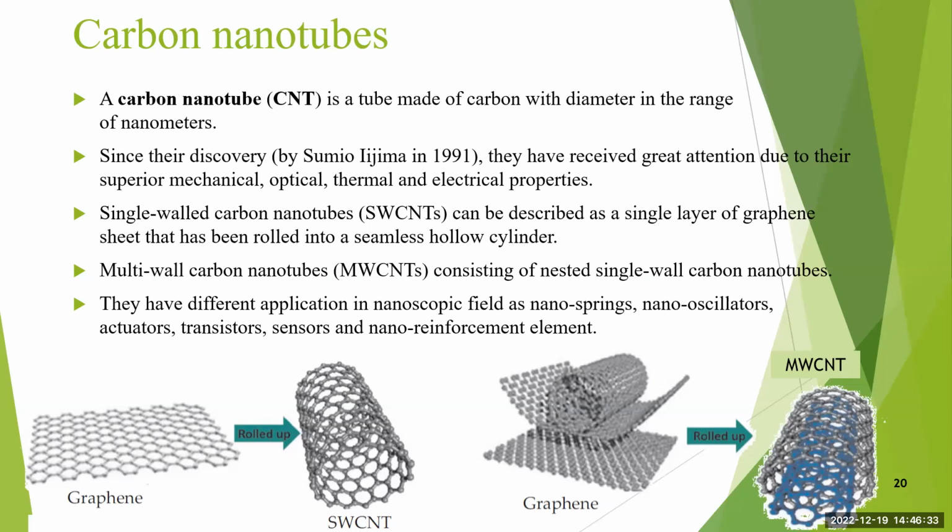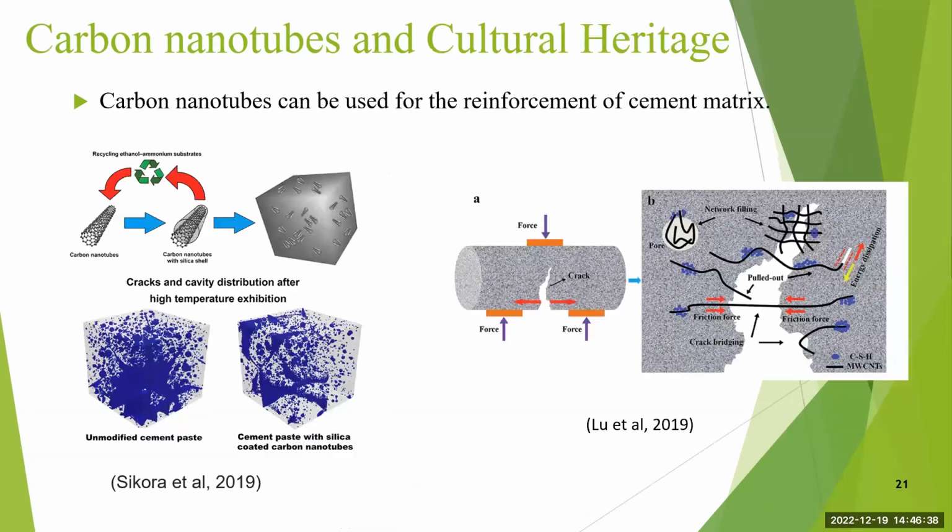Also, a very famous characteristic is its use as nano-reinforcement elements. For example, you can see that when we use carbon nanotubes in cement, even a very small number of carbon nanotubes, if this is the damaged area in the cement under an applied load, the damaged surfaces are really changed.